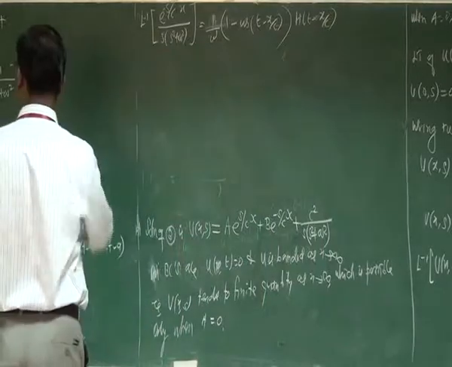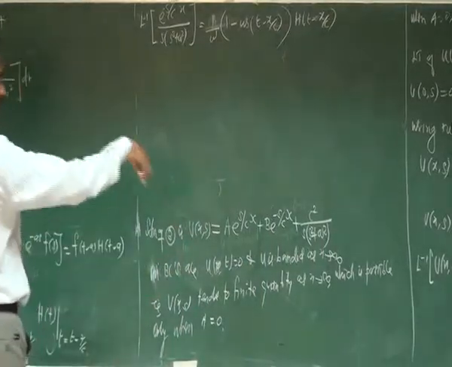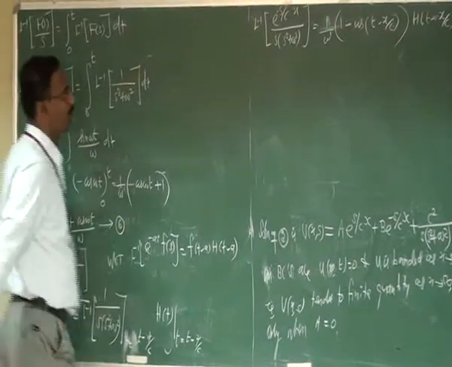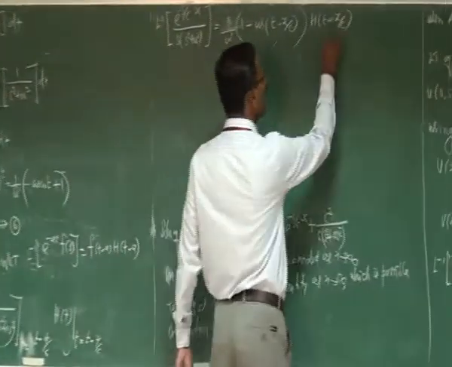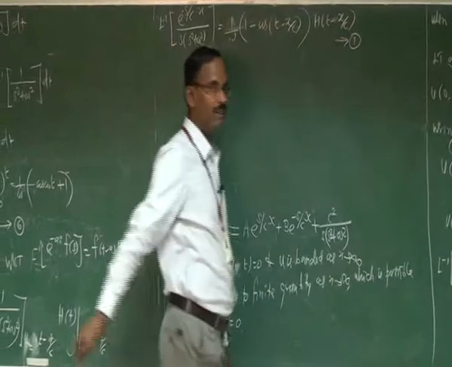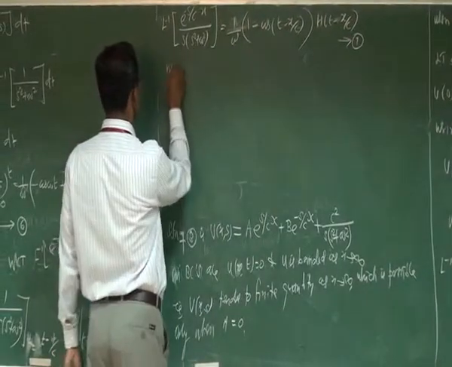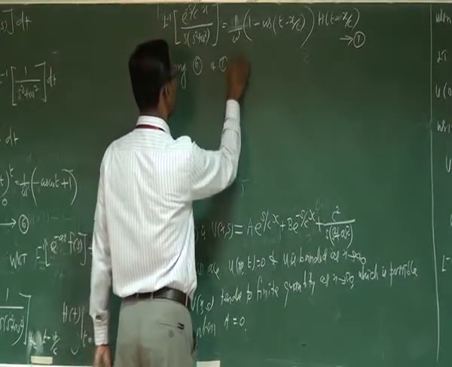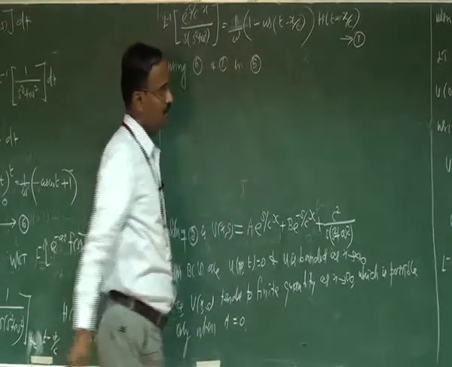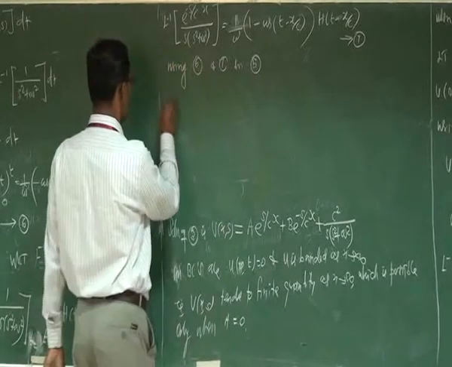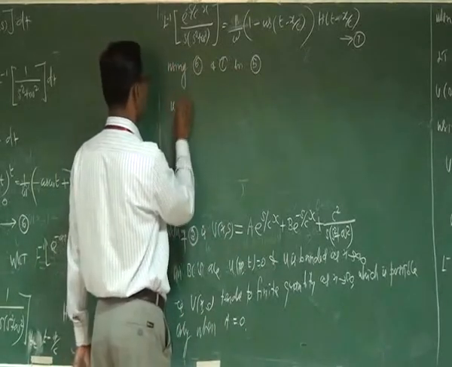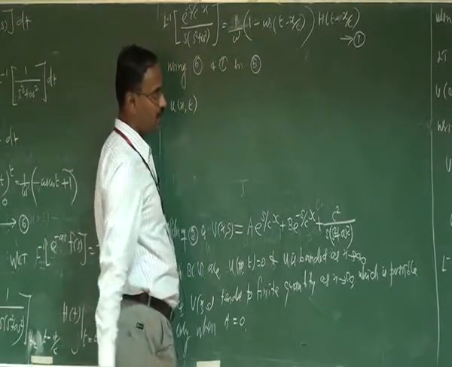So using the above two results, the last one is equation number 5, you take these as 6 and 7. Using 6 and 7 in equation number 5, we get the inverse Laplace transform of u of x comma s, which is equal to u of x comma t.